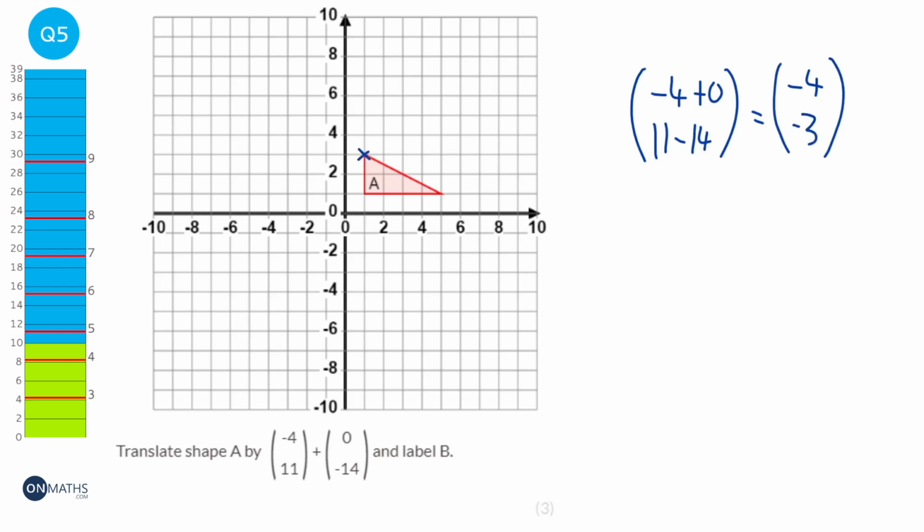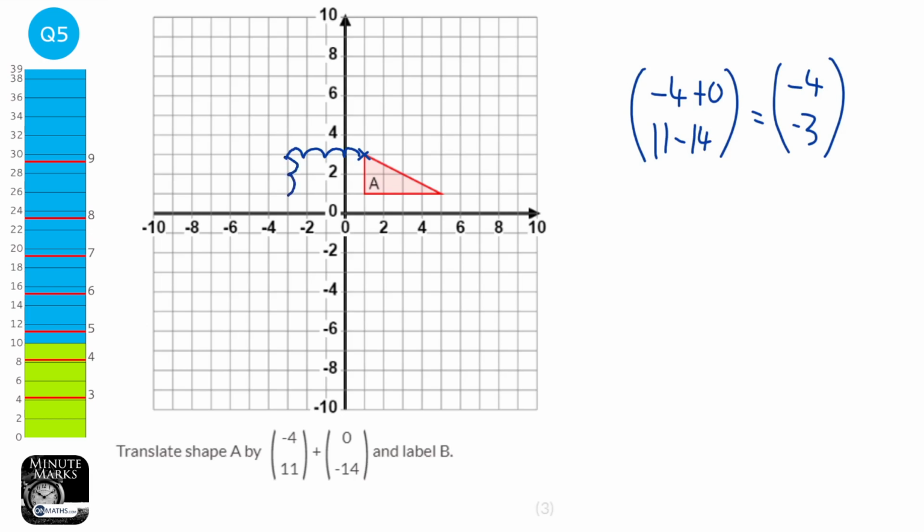Then I go pick a point on my shape, and the top one tells us how far right we're going. So we know we're going 4 to the left because it's a negative. So we're going to go 1, 2, 3, 4. The bottom one tells us how far up we're going. Well, it's going to be down because it's a minus 3.